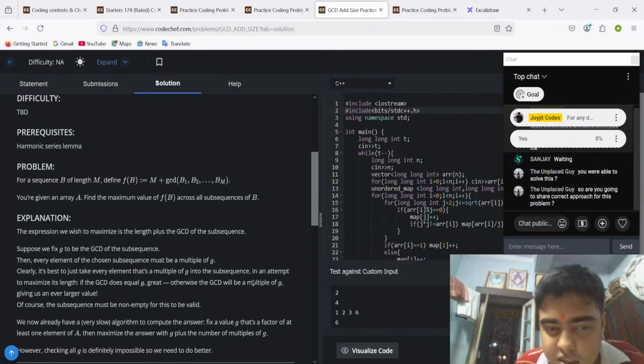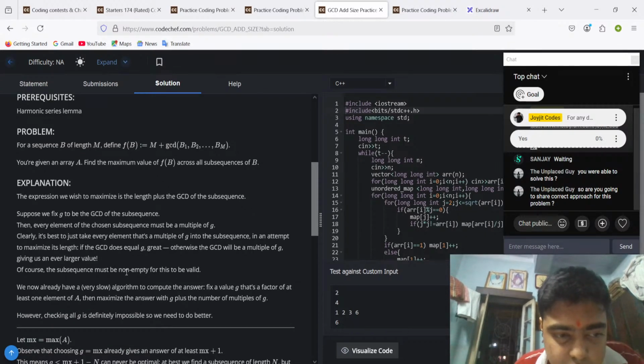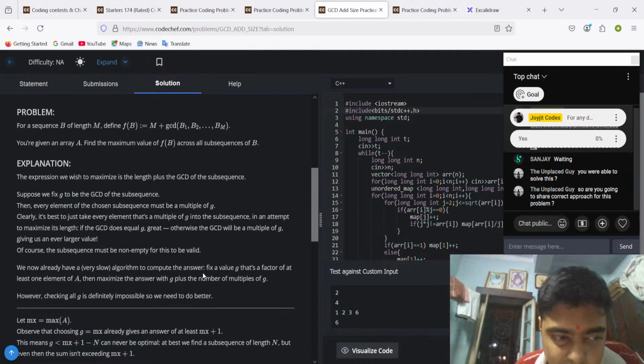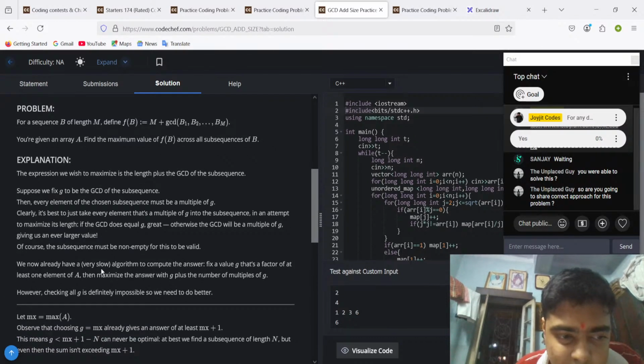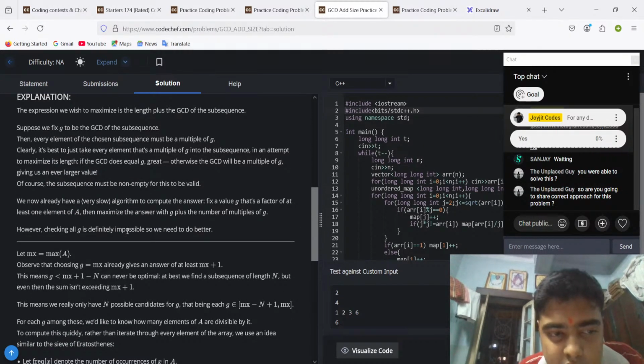Otherwise, the GCD will be a multiple of G, giving us an even larger value. Of course, the subsequence must be non-empty for this to be valid. We now already have a very slow algorithm to compute this answer. Fix a value G that's a factor of at least one element; that is very slow. However, checking all G is definitely impossible, so we need to do better.